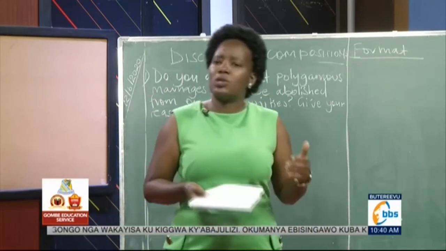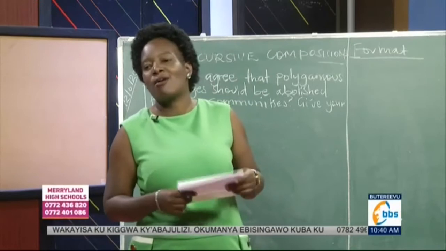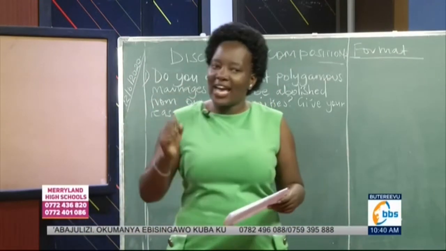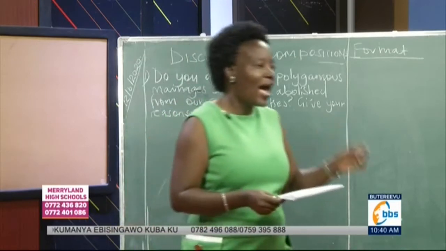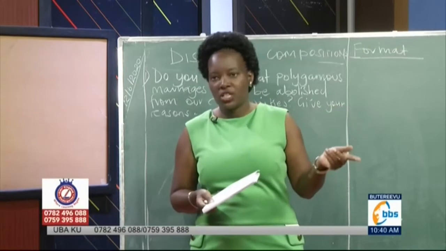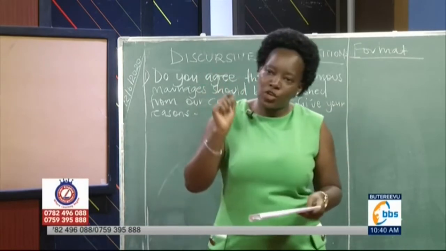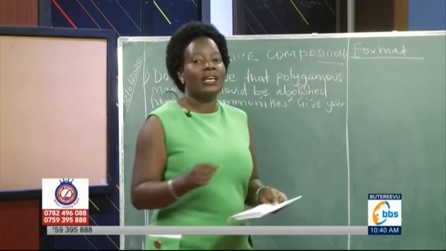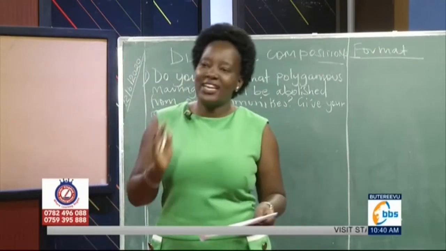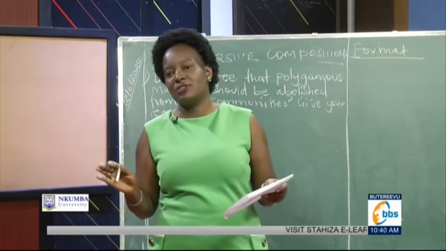Then there are those people who will say, I really do agree, or I strongly agree. If you strongly agree, go ahead and also give your reasons. Why do you agree that these polygamous marriages should be abolished? However, for this particular question 1, please ensure that you give only one side. Defend it very well and then give a conclusive statement.